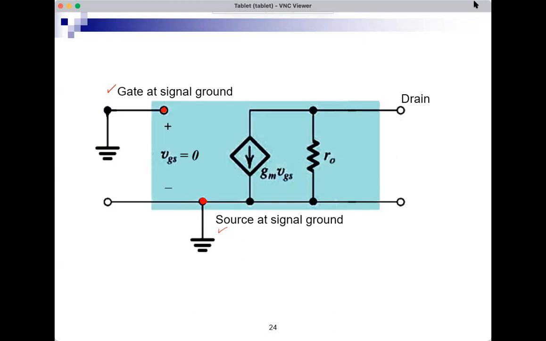Now, what does looking into the drain of a MOSFET mean? So I have this eye here that's looking at the MOSFET drain. We use this term and we will use it a lot in this course: looking into a certain drain, looking into a certain terminal.